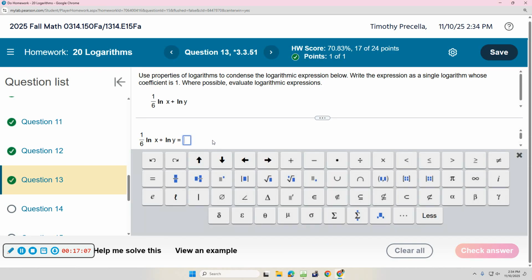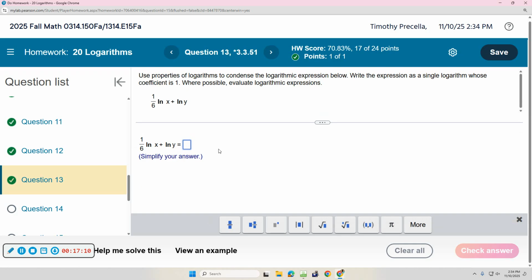We have, I'm going to say less. Yeah. Okay, so ln, we'd have an x to the 1/6. The 1/6 is the same thing as the sixth root of x. And then a y. Is that what I want?